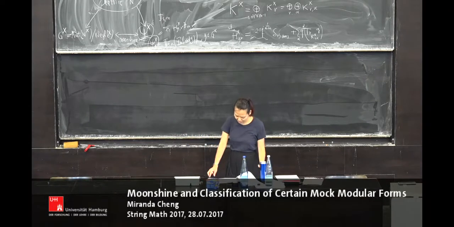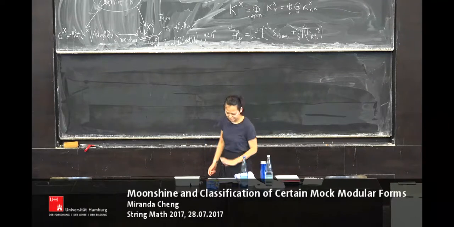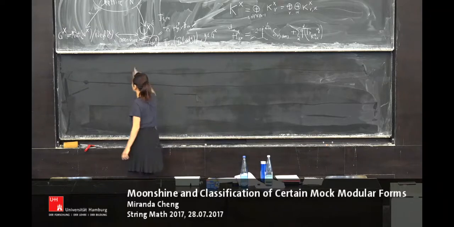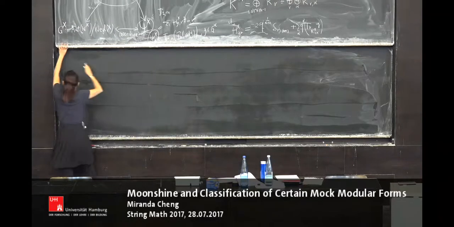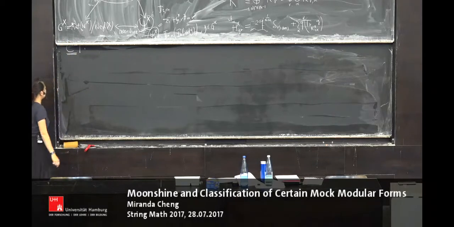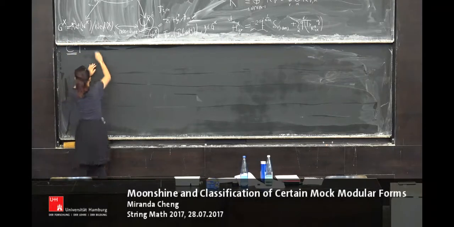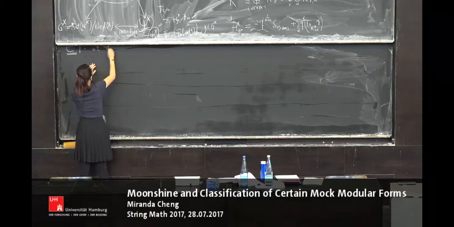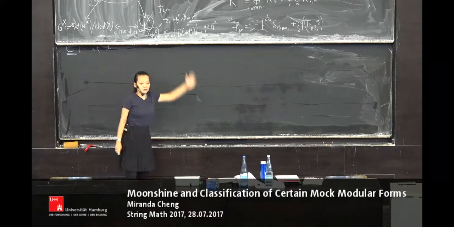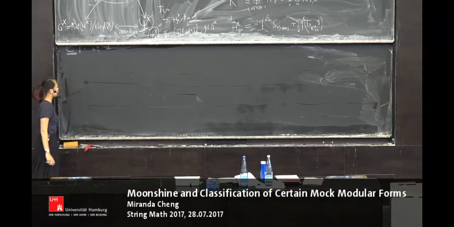So that led us to a few definitions to define the things we want to classify. The classification result 1 will focus on the weight 1 Mock Jacobi forms that are relevant for Ramanujan's guys and Umbral Moonshine.